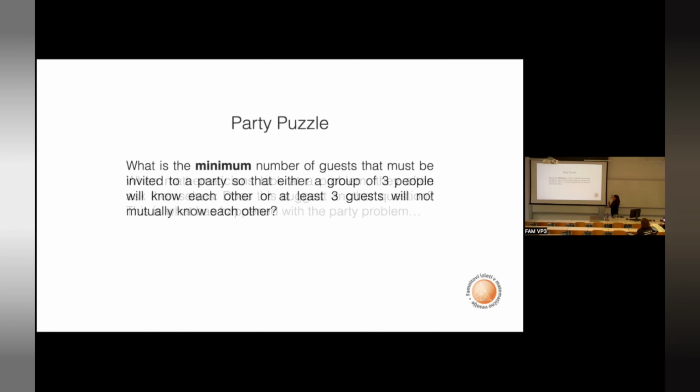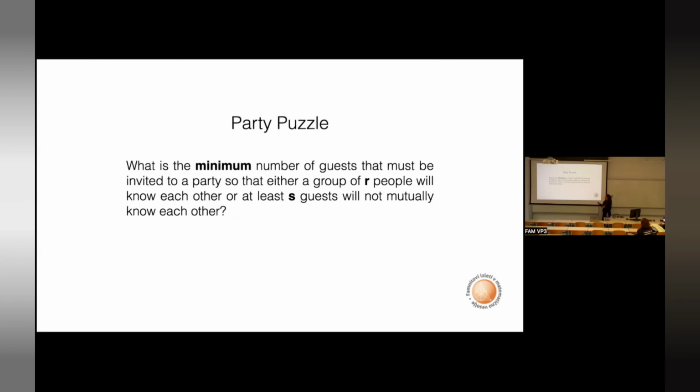So now, again, the question is the minimum number of people that needs to be in one place so that some people will know each other or some people will not mutually know each other. And these numbers are called the Ramsey numbers.